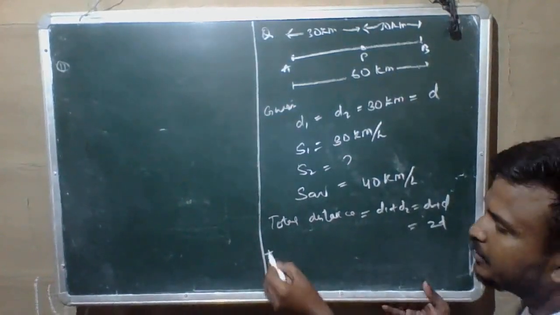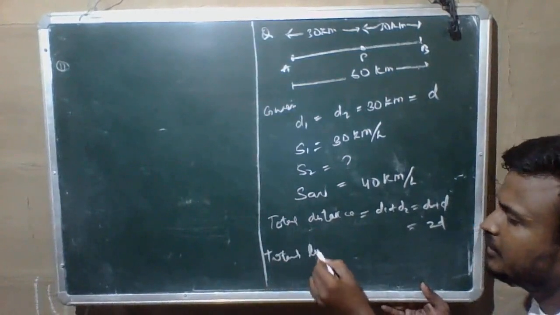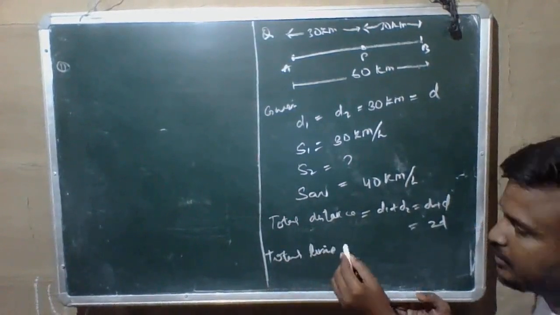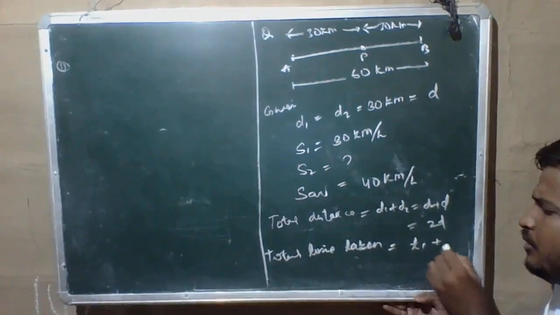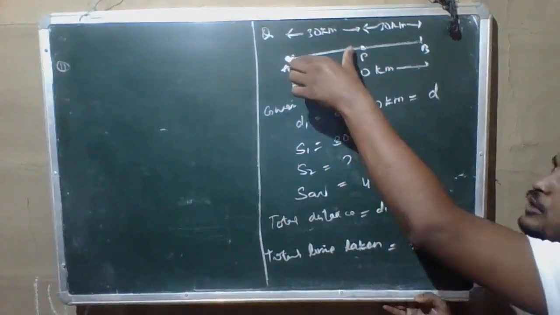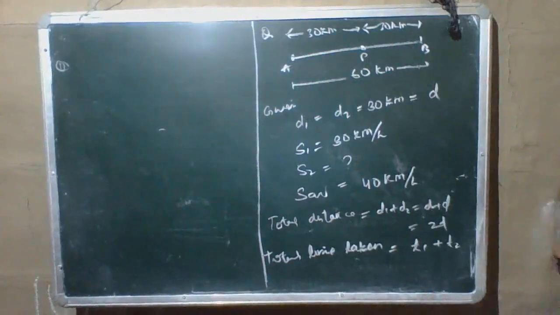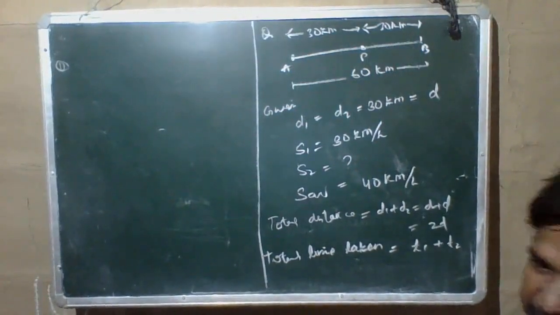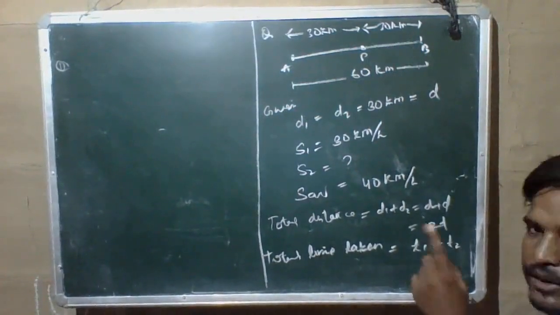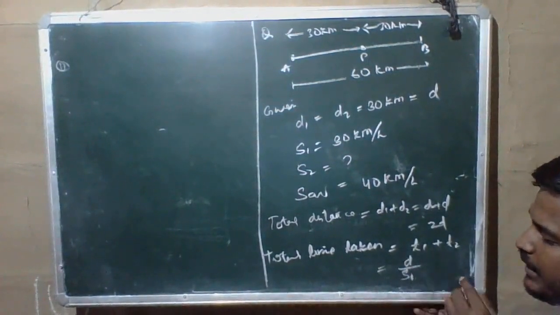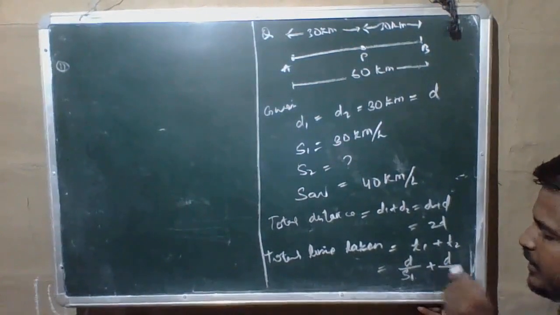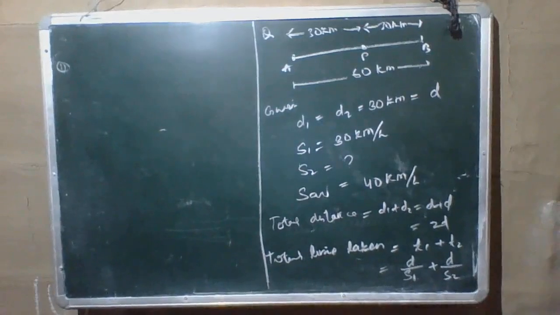Total time taken will be equal to t1 plus t2. T1 means from A to P and T2 means from P to B. So what is the value of T1? Time is equal to distance by speed. The distance is d and the speed is S1, so T1 is d by S1, and similarly T2 is d by S2.